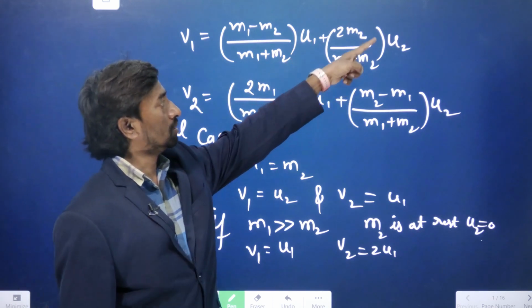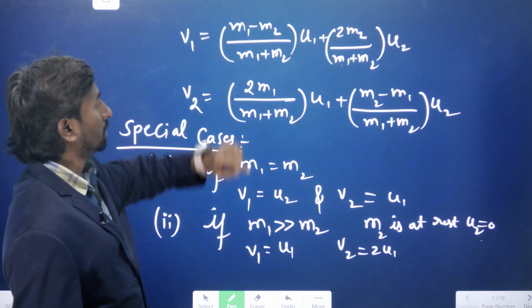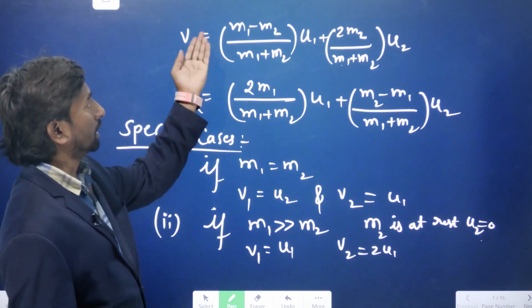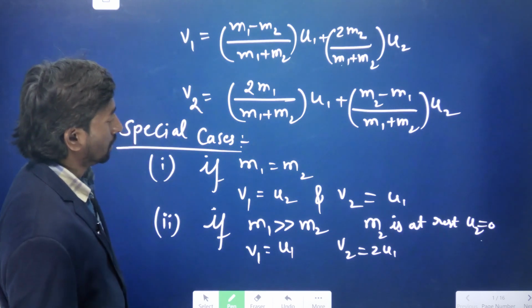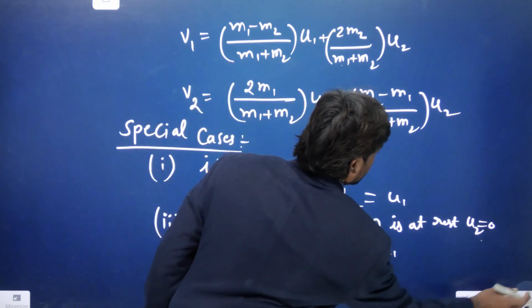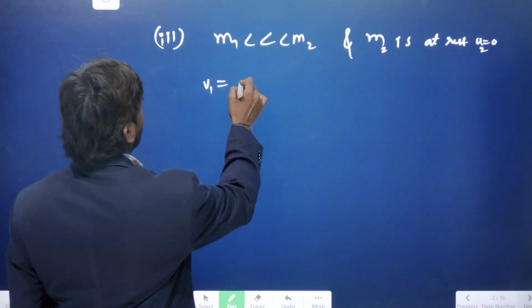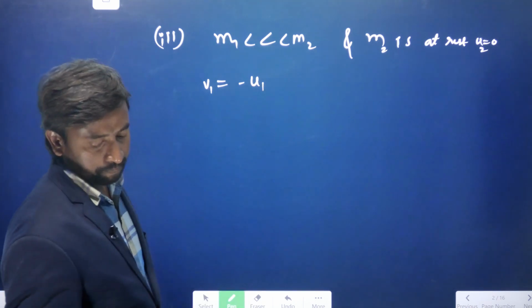The U2 term will be 0, and here M2 is far greater than M1, so we will get a negative value. So V1 is equal to minus U1.